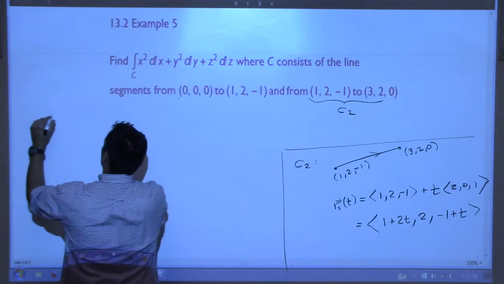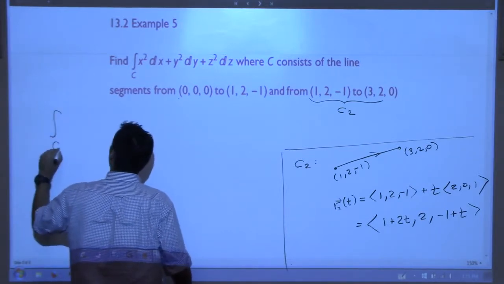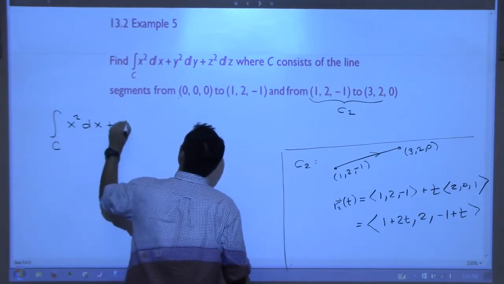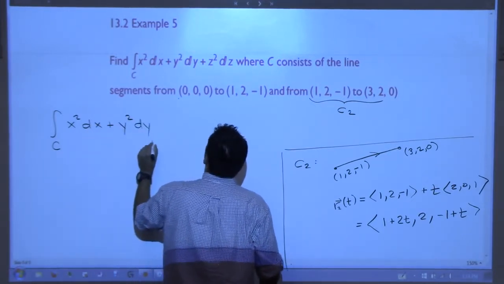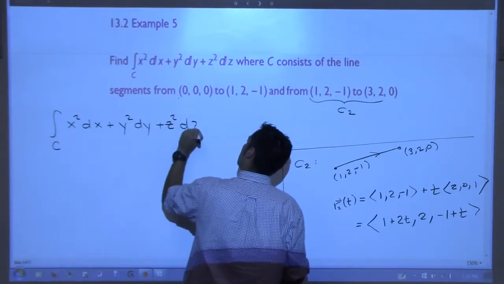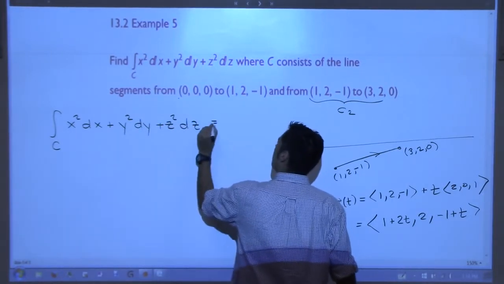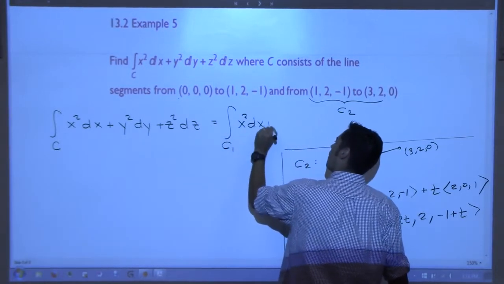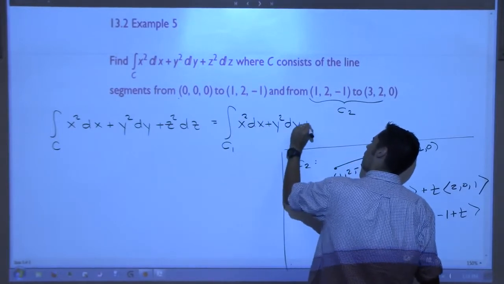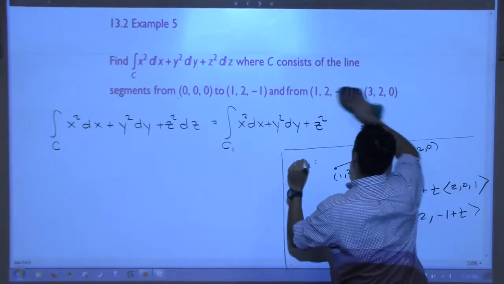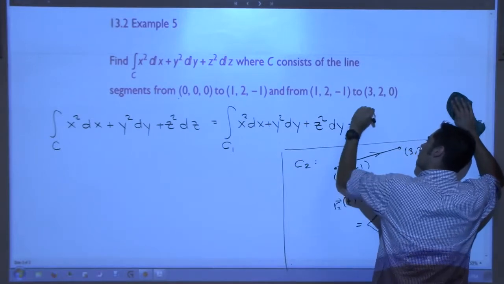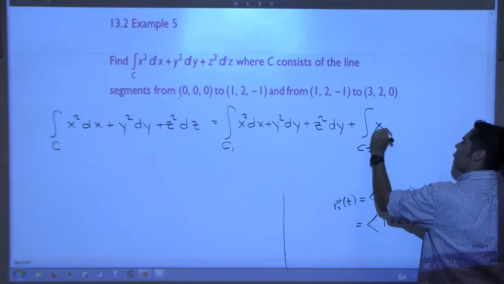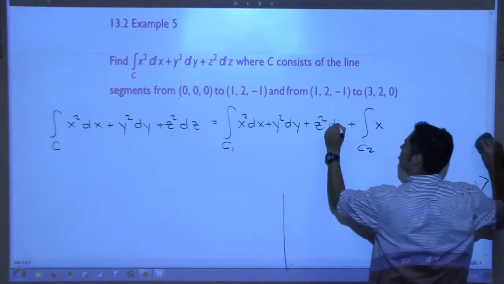The line integral of x squared dx plus y squared dy plus z squared dz along the curve C is equal to the same thing along C1 plus the same thing along C2.